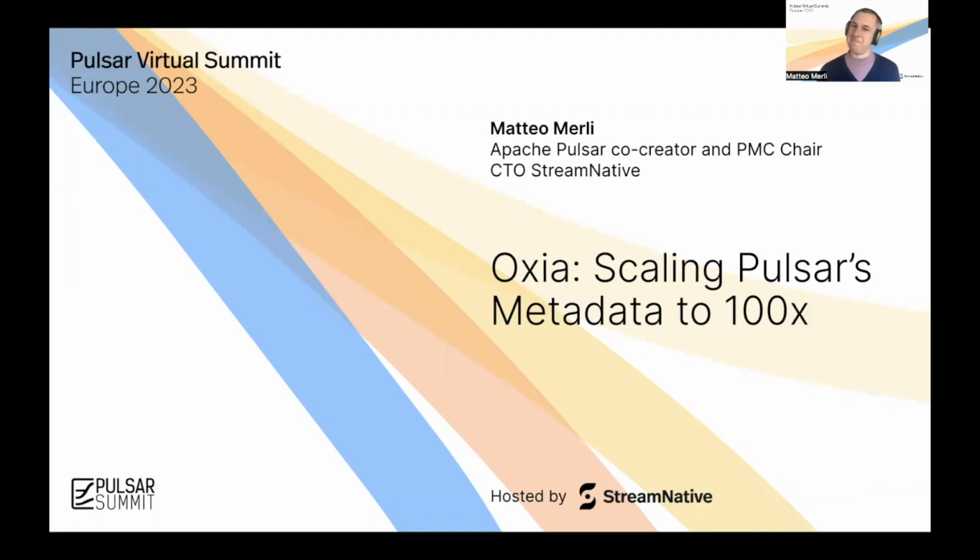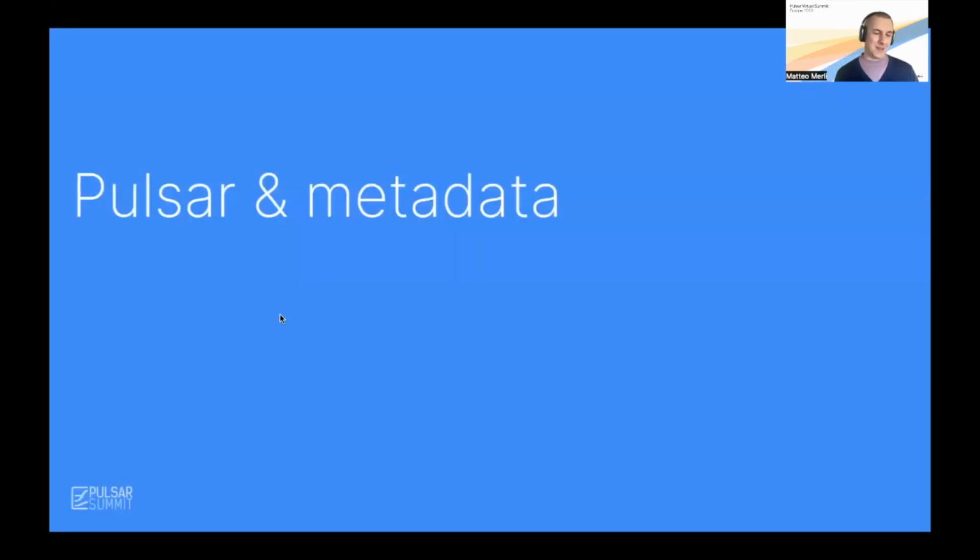So let's get to it, and let's first start by talking about what metadata is and how Pulsar uses metadata. Some people are a bit confused and say, okay, what is that?